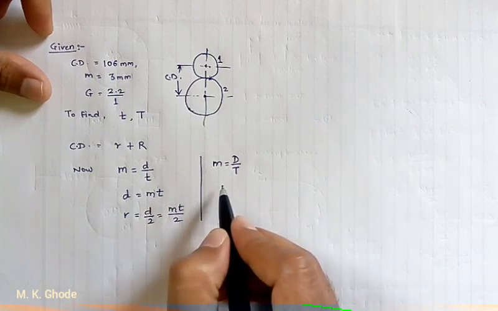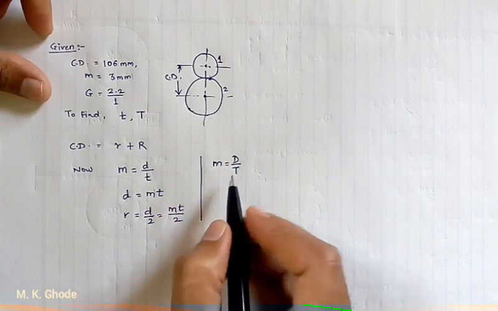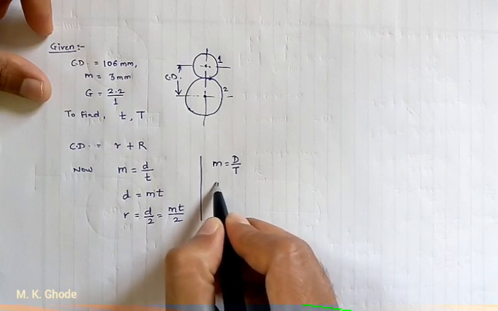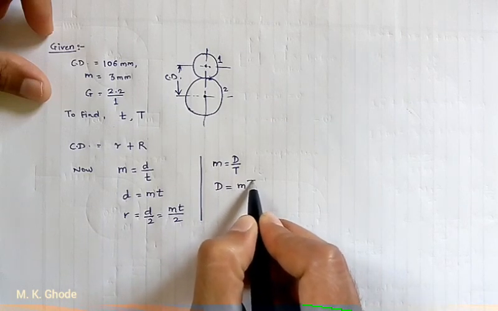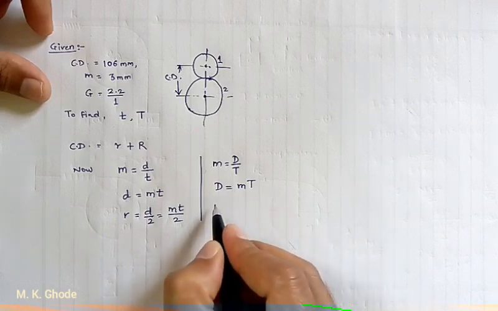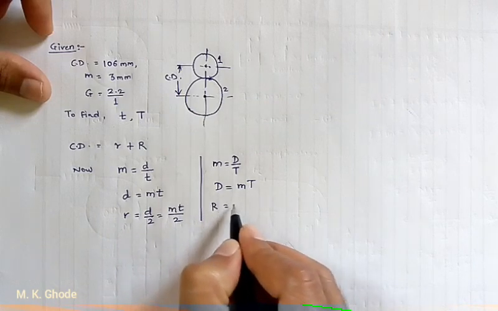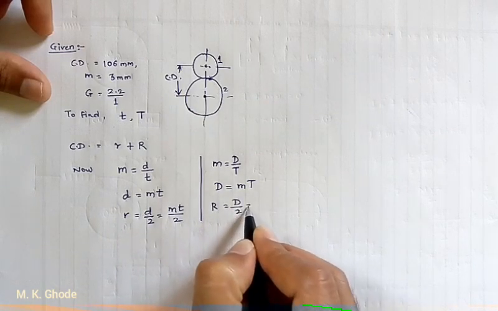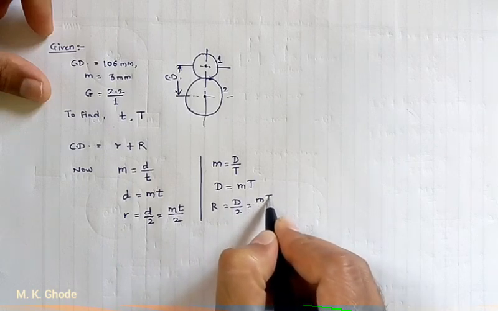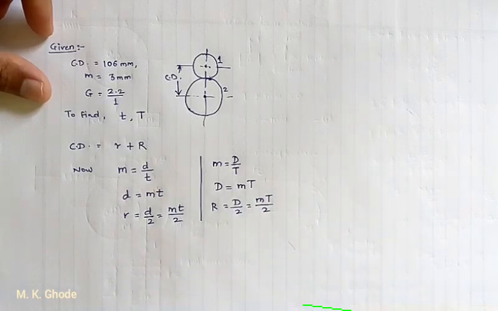The module is the same, it is not going to change. So capital D is equal to m into capital T. So capital R will be equal to capital D by 2, hence it is m into capital T by 2.